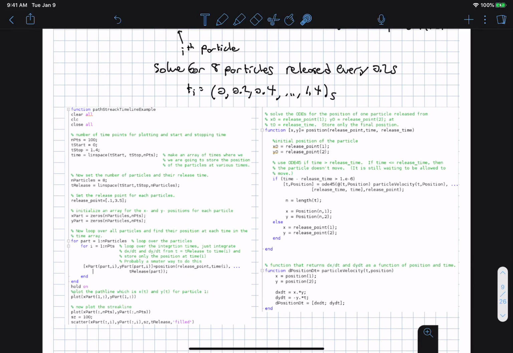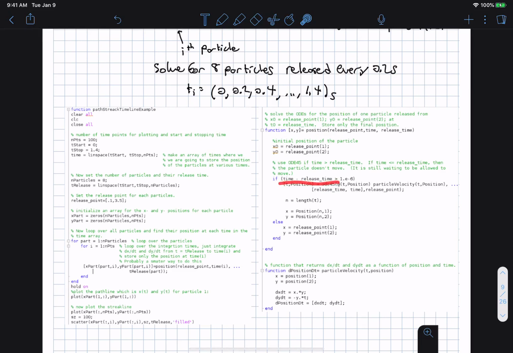Okay? And so for those of you who are interested, here is the code. This is a function that actually solves the differential equation. It evolves the position of each particle, and it uses MATLAB's ODE45.